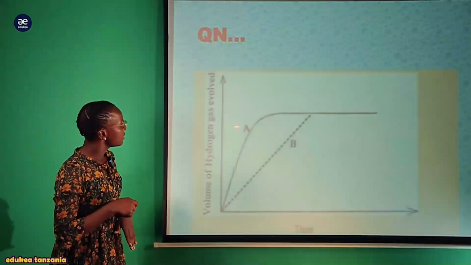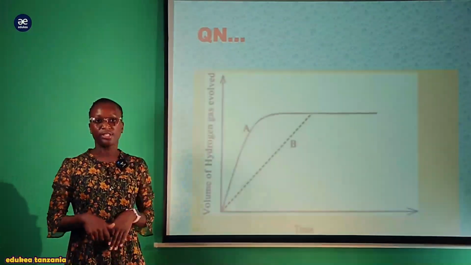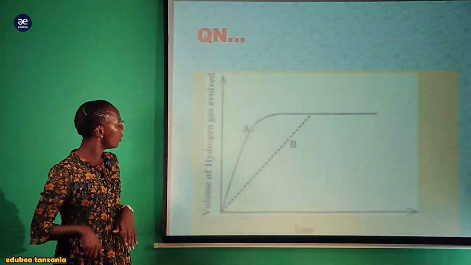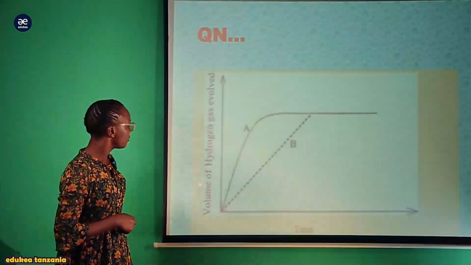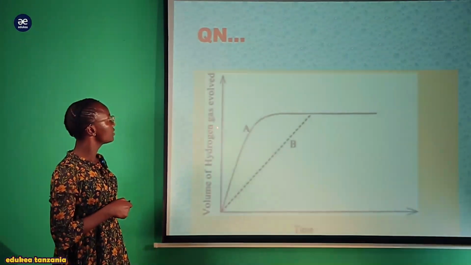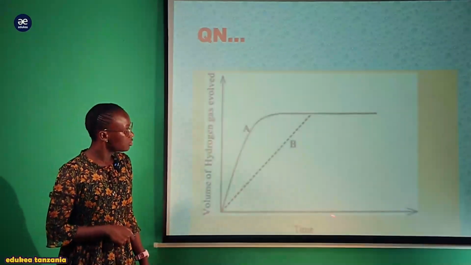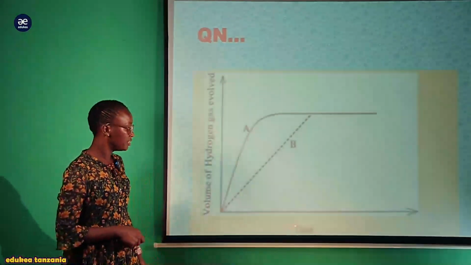Sasa data zake zikatumika kuplot hii graph, ambapo in this graph, katika this vertical we have the volume of hydrogen gas involved, but also here horizontal line we have the time.